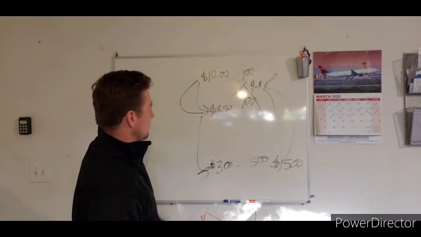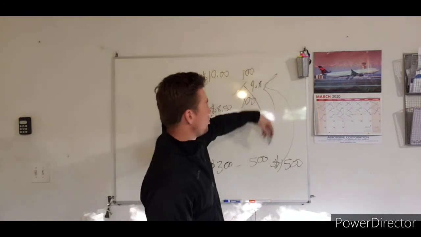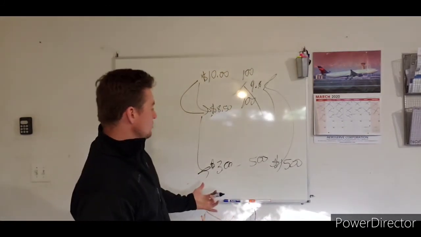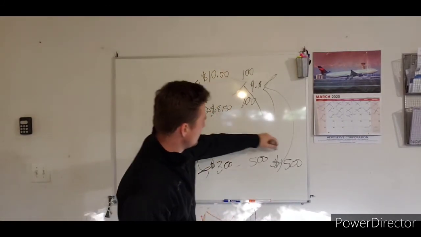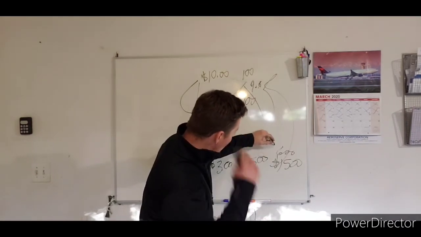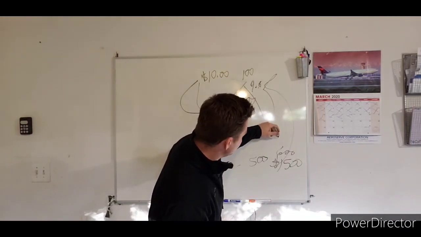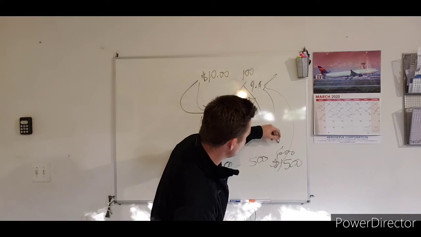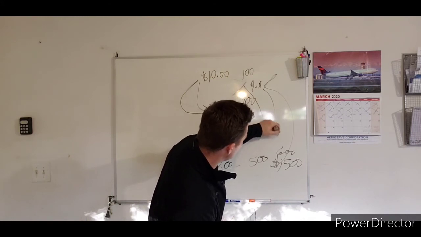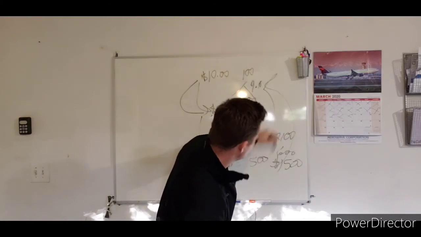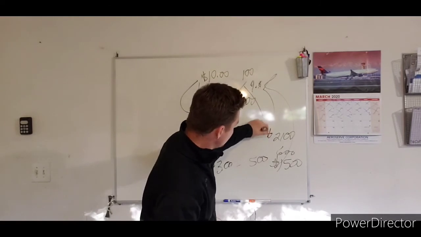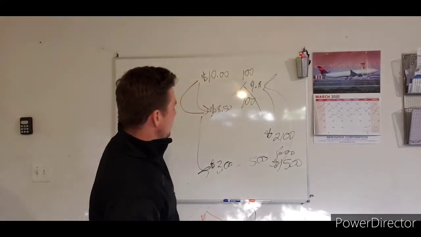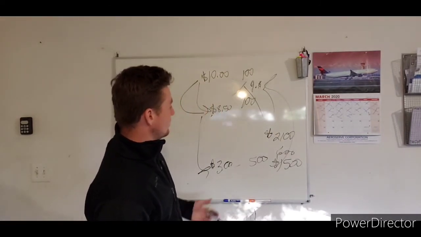Now I just paid $1,500 more. So now my whole position is value-wise these 200, so you're at 600. So that's $2,100 bucks total cost. Here's what's happening.